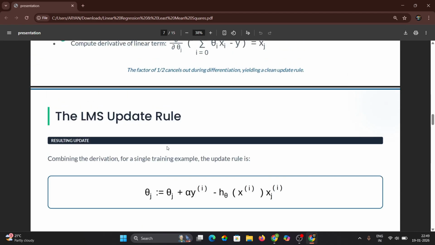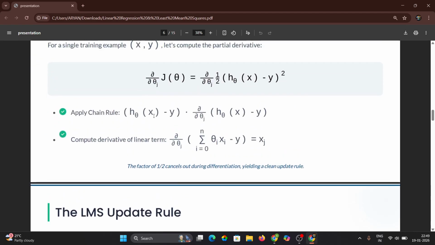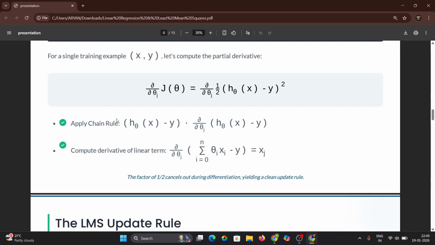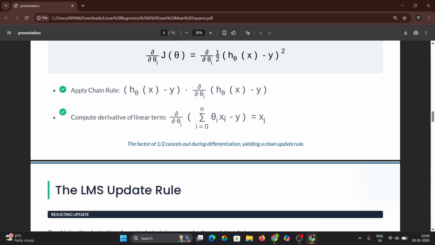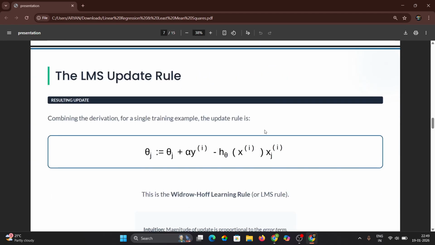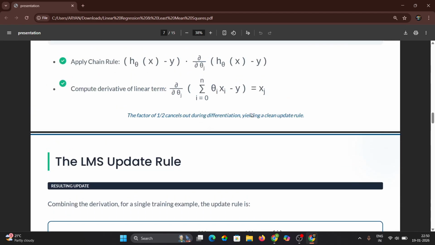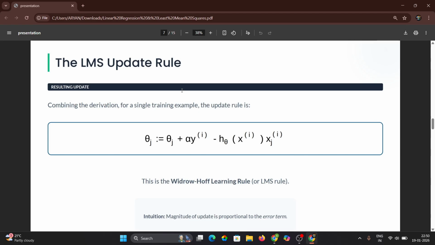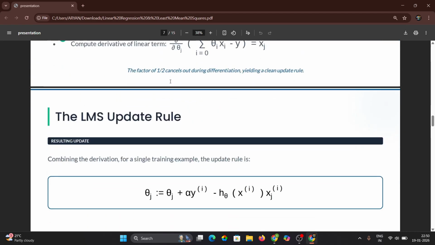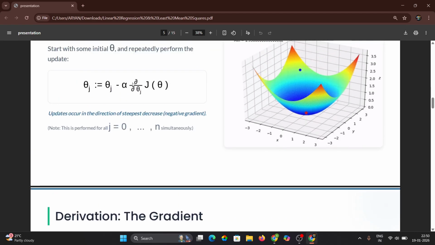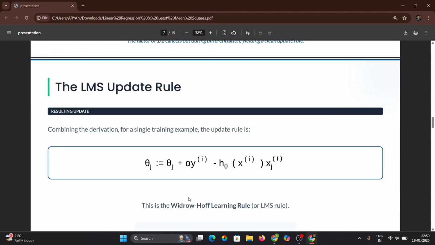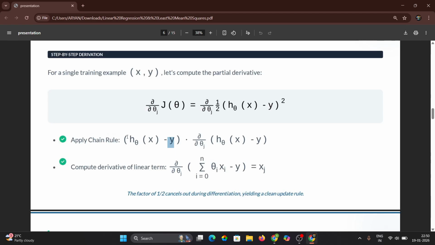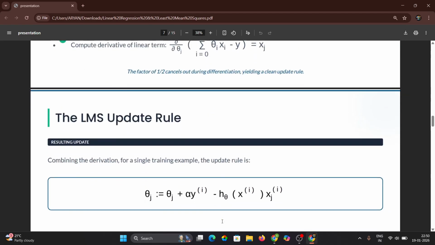After differentiating, the value is h theta(x), and differentiating this part we get x_j, so we put x_j here. When we multiply minus alpha by y minus h, it becomes plus alpha (y minus h theta x), and the remaining part gets multiplied.